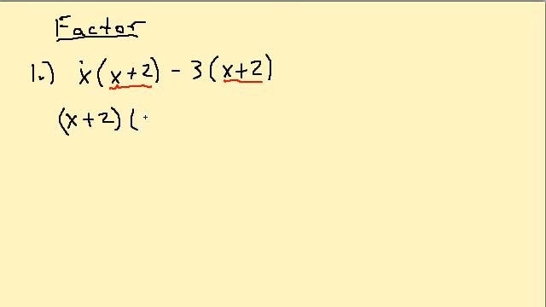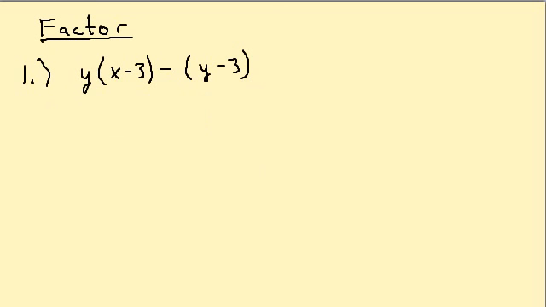So that's times x. And then if I take out the x plus 2 from the second part, the 3 times x plus 2, I'm left with just the 3. So that's minus 3. And there's my final answer.